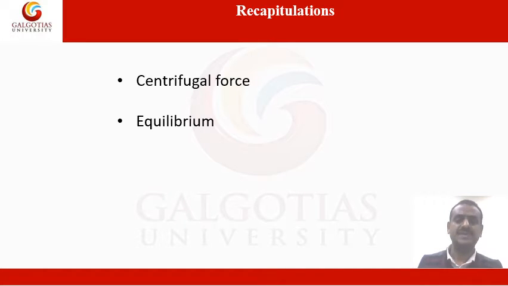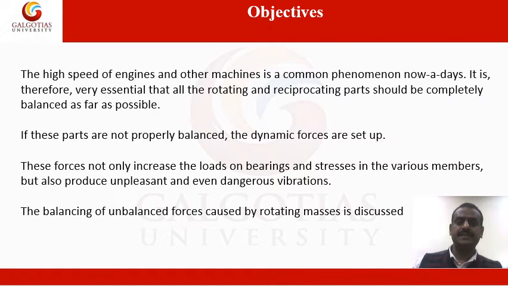The second one is equilibrium. We all know the meaning of equilibrium: when the body is in the equilibrium state, the net force acting on the body should be zero. High-speed engines and other machines are equipped with rotating and reciprocating parts. These parts are to be balanced as far as possible.